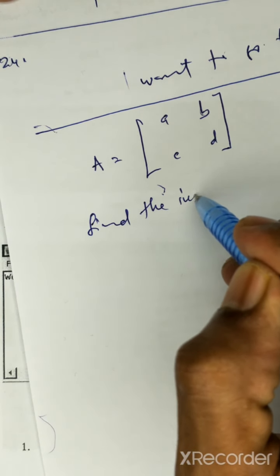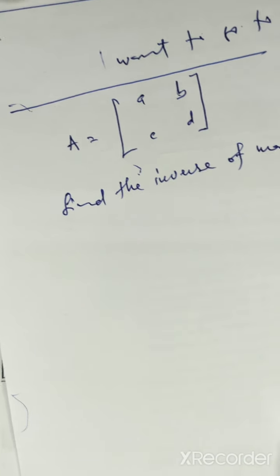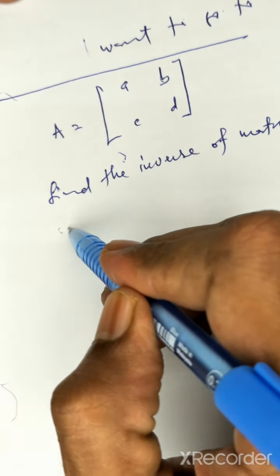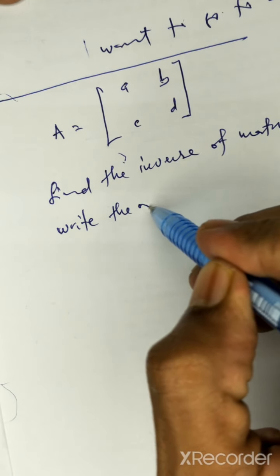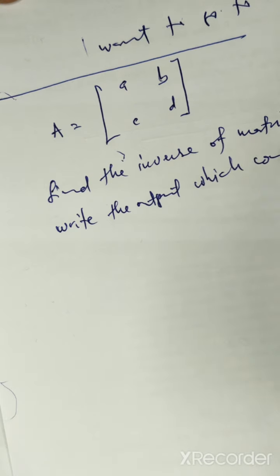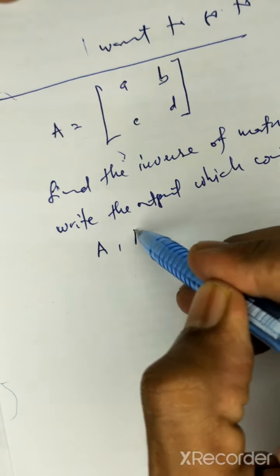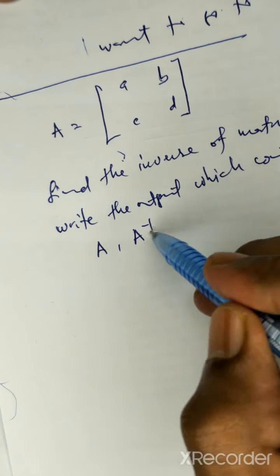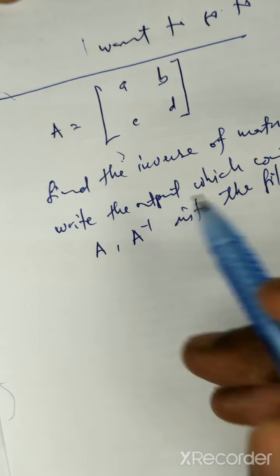Then write the output, which contains matrix A and A inverse, into the file.